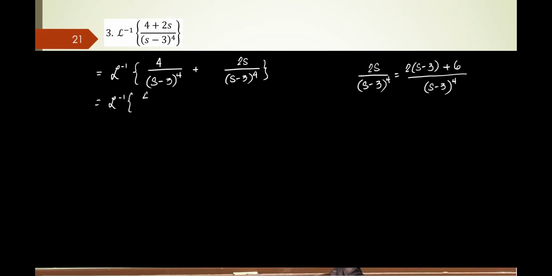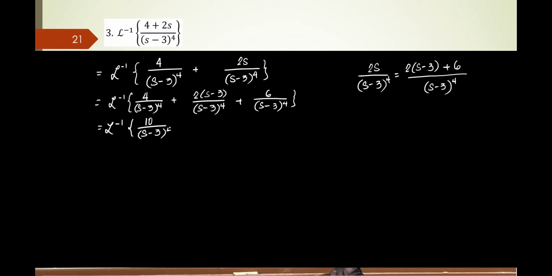So it's going to be 4 over s minus 3 raised to 4 plus 2 times s minus 3 over s minus 3 to the 4 plus 6 over s minus 3 to the 4. So just by looking, maybe we can combine some of the terms. So in here, it's going to be 10 over s minus 3 to the 4 plus this one is simply 2 over s minus 3 cubed. Let's just recall.